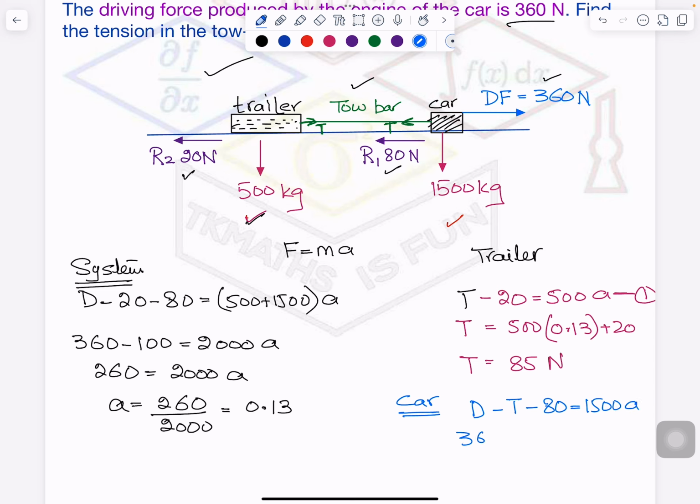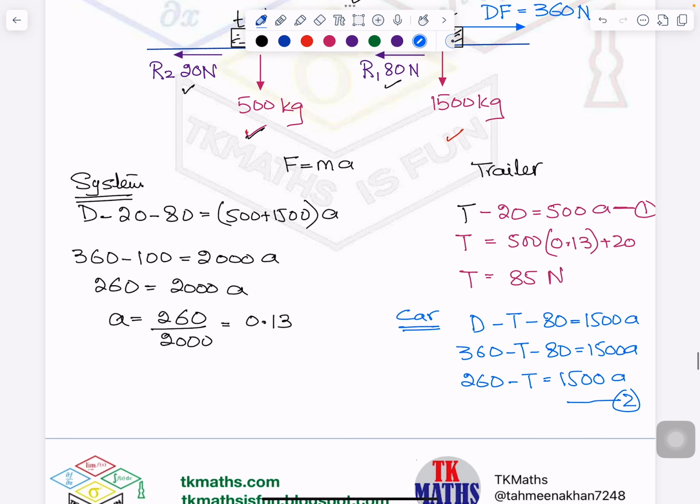Driving force is 360 minus T minus 80 is equals to 1500 A, which is 260 minus T is equals to 1500 A. This will become your second equation, right? And this will be your first equation. So if you are solving it individually, then you will solve these two equations simultaneously and you will get A and T.